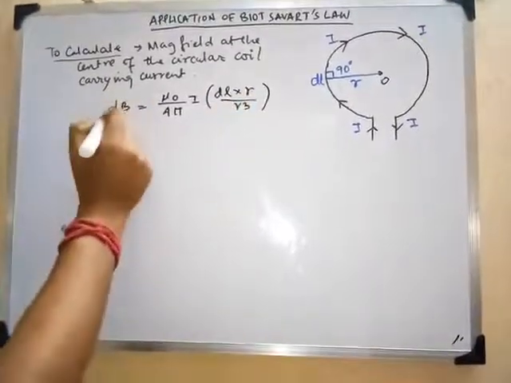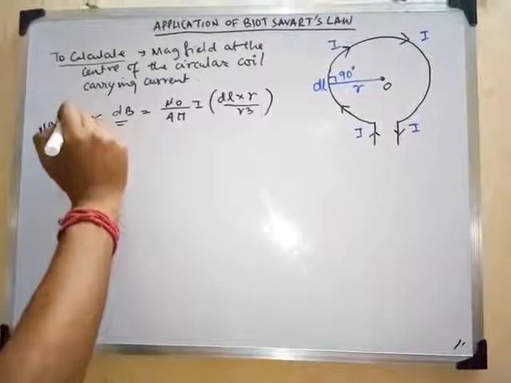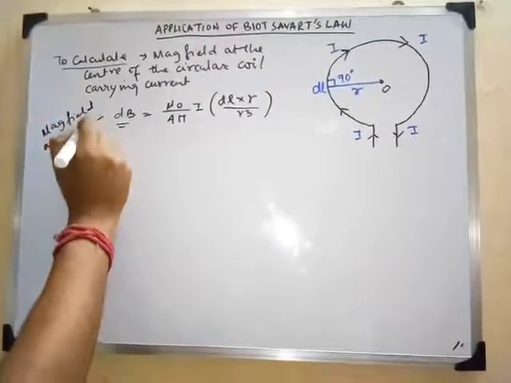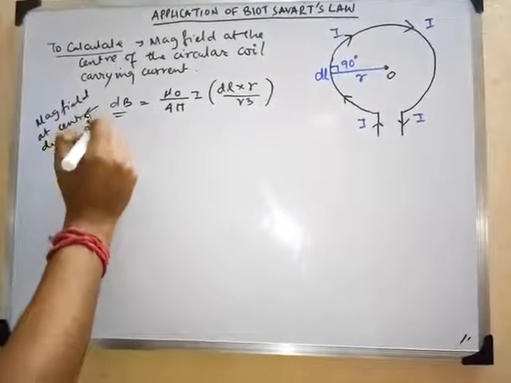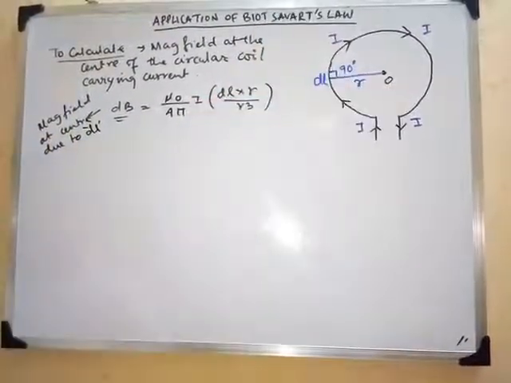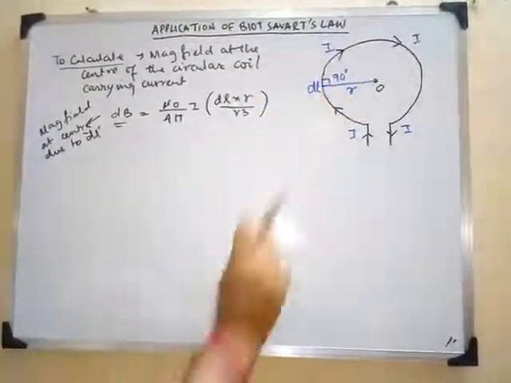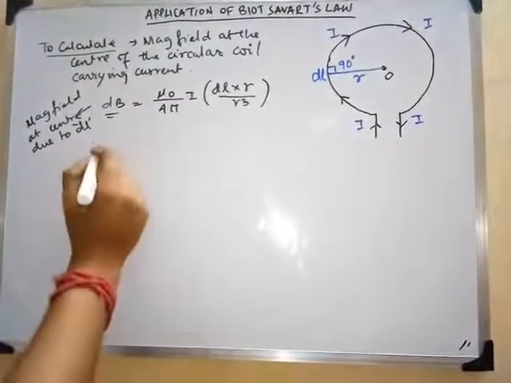So what is this? This is actually the magnetic field at center due to dl, or the small section of the total circle. So as I said, we are considering a small part dl from the whole circle, right?